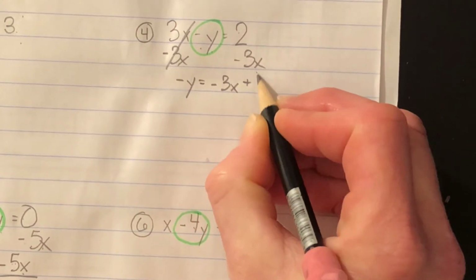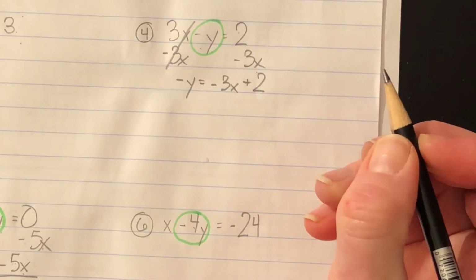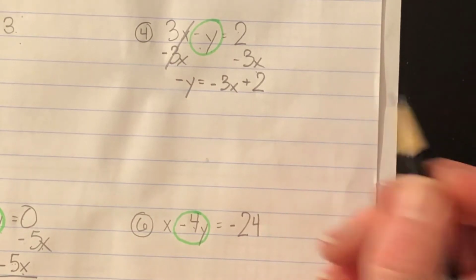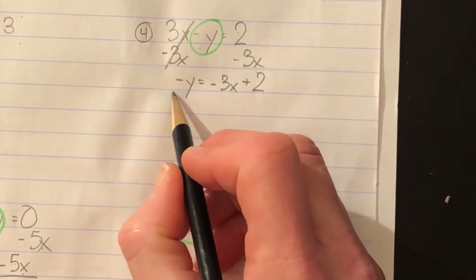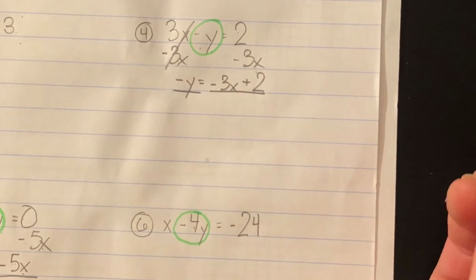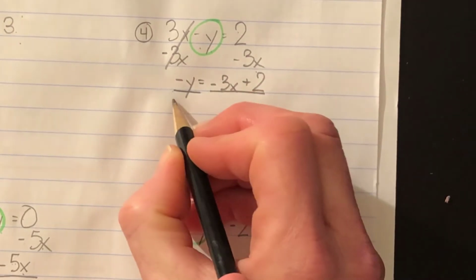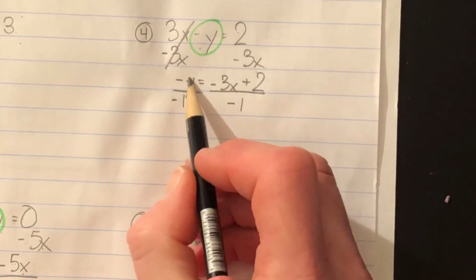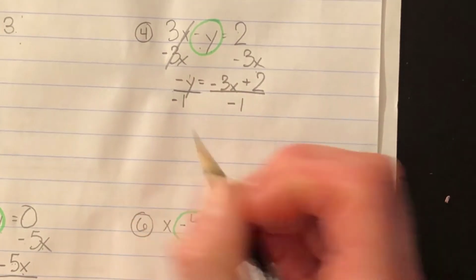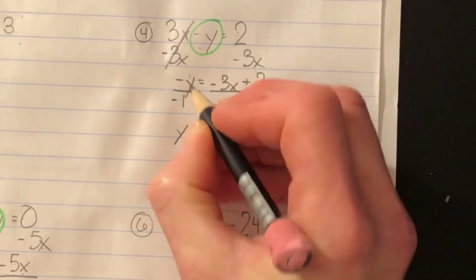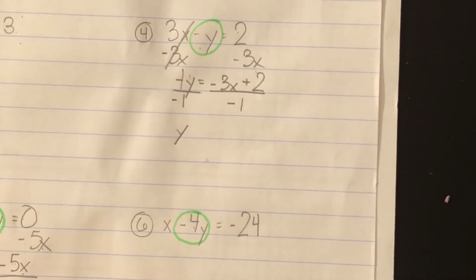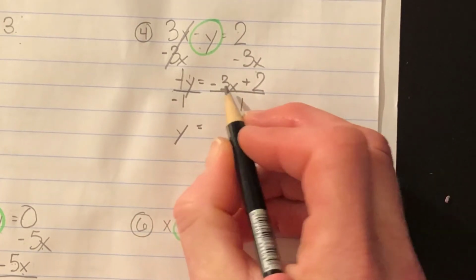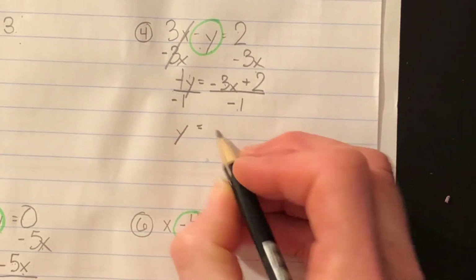It's a positive 2. Now, I think the easiest way to do this is to divide both sides by -1. Negative y divided by -1 is positive y. Think of it that way. So then we end up with -3x divided by -1.